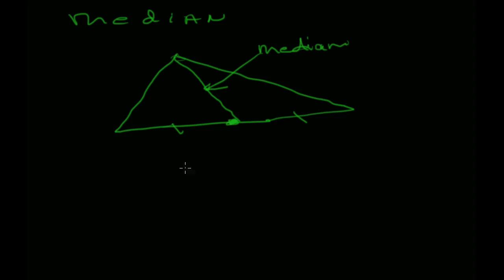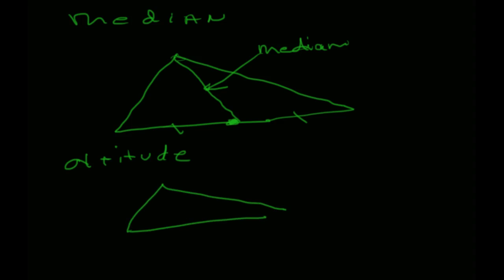All right, an altitude is similar. If I have a triangle, and I draw a segment perpendicular to one side from a vertex, I get an altitude.